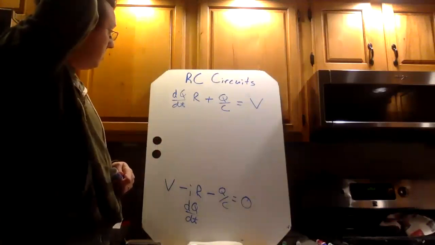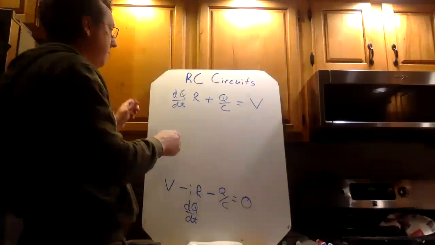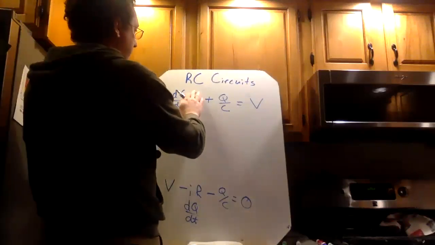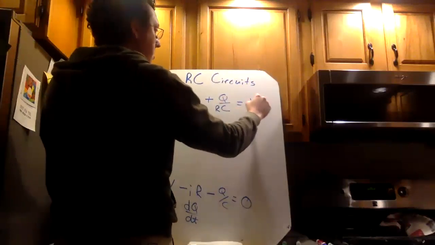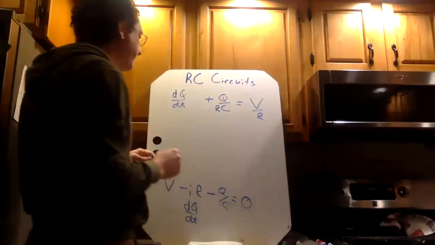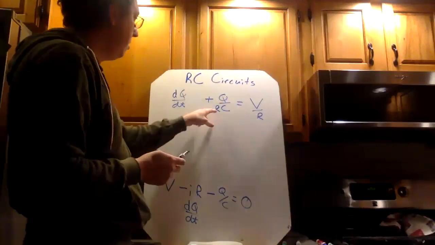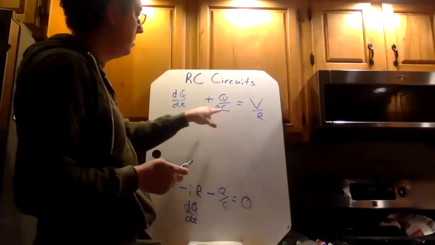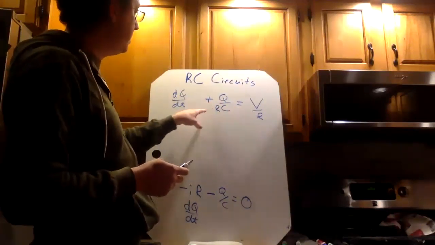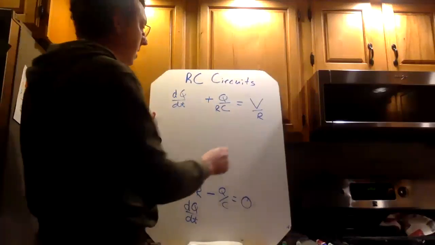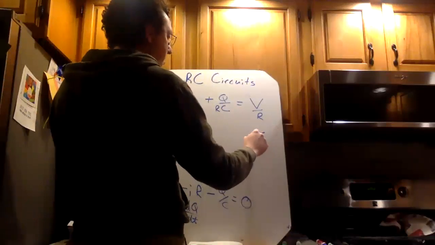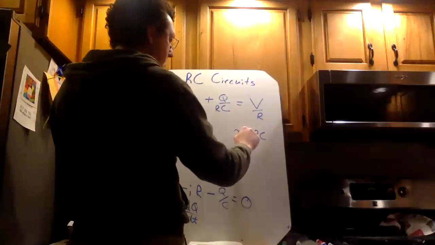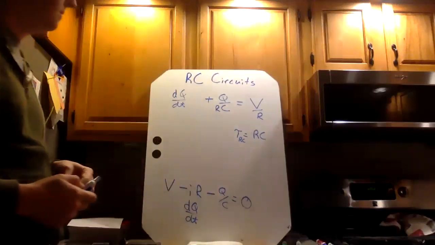Okay, so one thing we can do is divide everything by an R. And you'll notice on unit grounds, this combination R times C has units of time. RC is called the time constant. People call it the RC time constant.